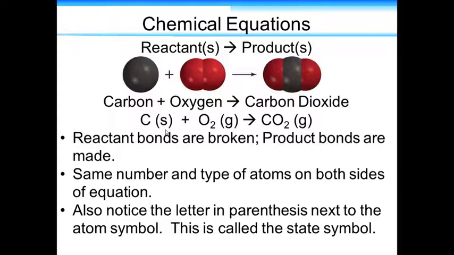Phase, or you may know of it as a state, a chemical state. So S refers to solid, L refers to liquid, G refers to gas, and AQ refers to an aqueous environment, meaning that substance is dissolved in water.